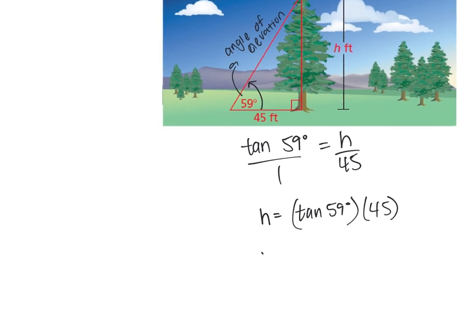Good. So you do the tangent of 59 degrees, and then you multiply that by 45. And you got 74.9. And it's feet.